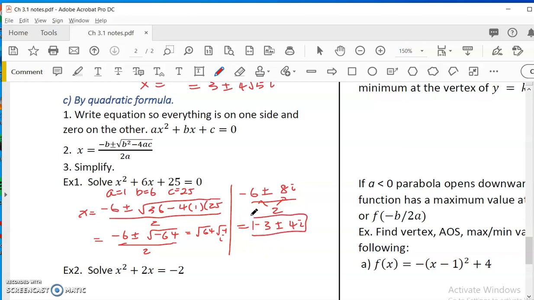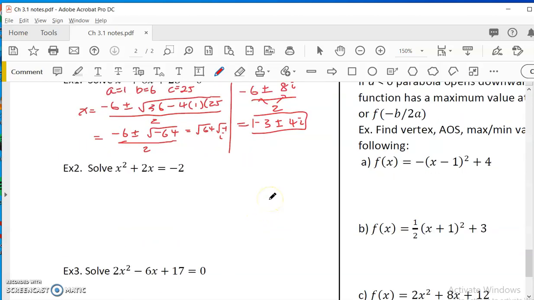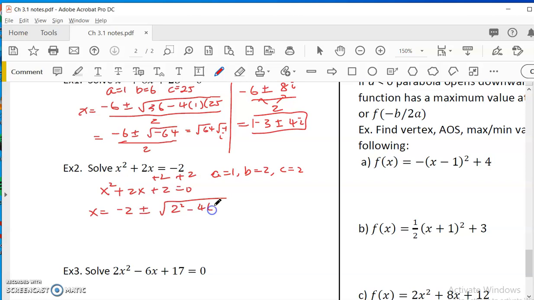Okay, the second one. Let's do the quadratic formula, but we cannot read a, b, c this way. We have to move everything to one side, plus 2. So it'll be x squared plus 2x plus 2 equals 0. A is 1, B is 2, C is 2. This is not factorable, so x equals negative 2 plus and minus the square root of b squared, 2 squared, minus 4 times 2 times 1, that is 4AC, right?